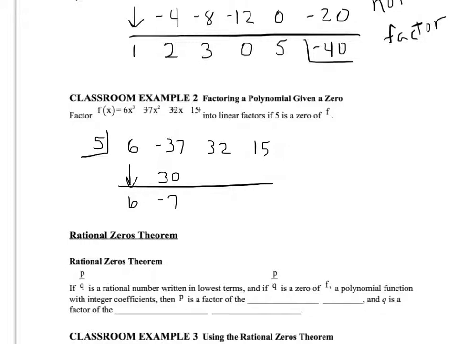5 times negative 7 is a negative 35, so that goes under 32. Now when I add that column, I will have negative 3. And 5 times negative 3 is negative 15, and sure enough, I get 0 in that remainder spot. That's a good thing. They told me 5 was a factor. That means I should get 0 in that remainder spot.